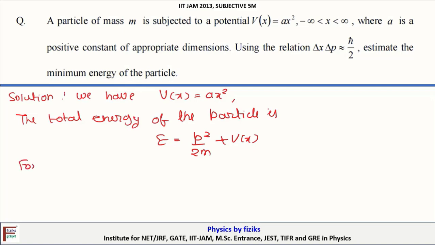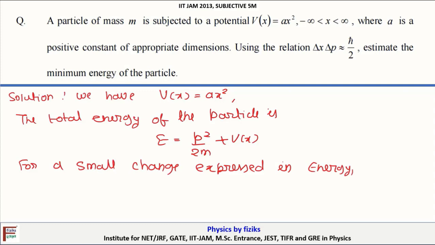For a small change expressed in energy, we get ΔE = Δp²/2m + a Δx².